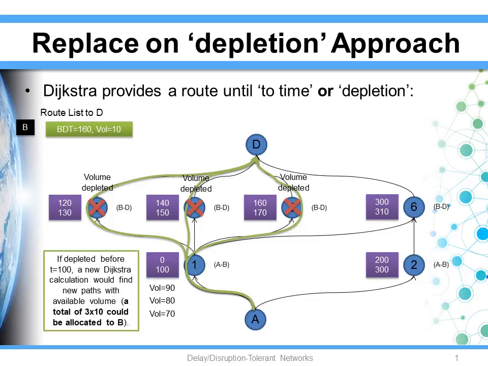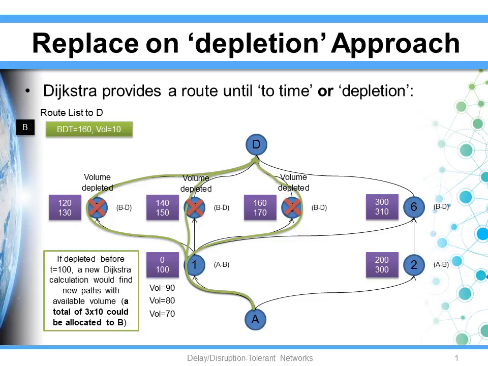Something interesting to note here is that if we use the previous approach, which doesn't account for the volume, we would just forward as many packets as possible until time 100, when the route to node B gets replaced.